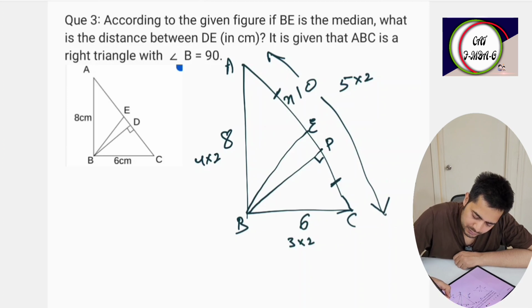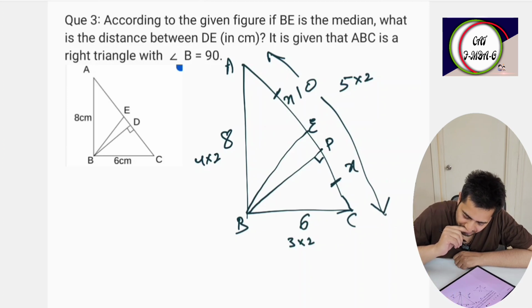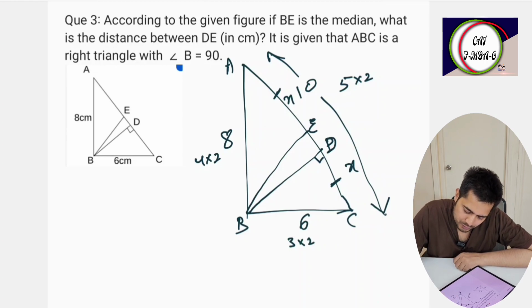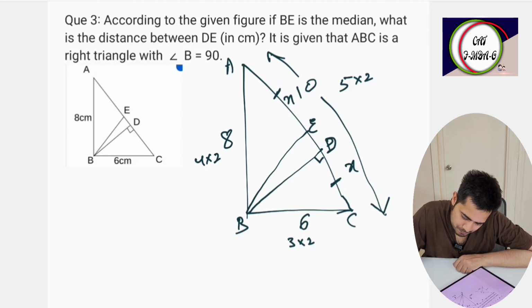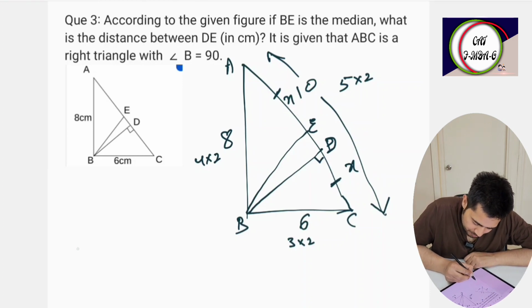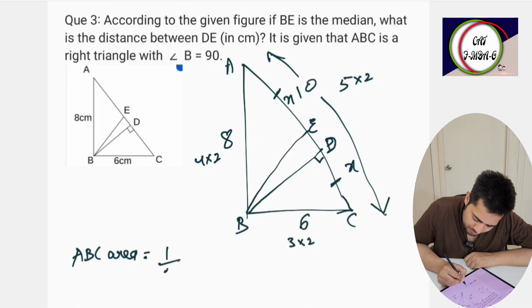Let AE be x and EC be x. This is D, and the area of triangle ABC is equal to half into base into height.